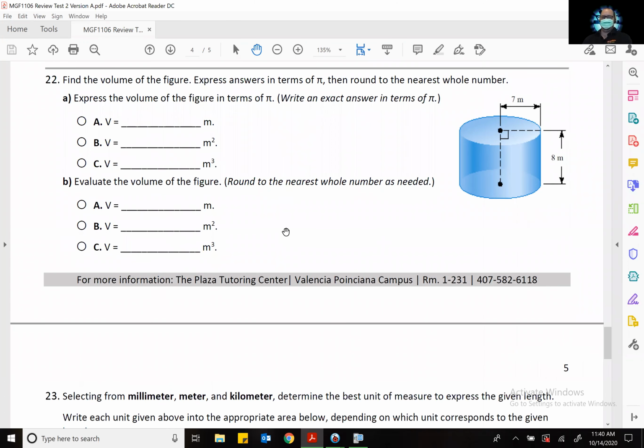Number 22. So again, this is like what I was talking about a moment ago. We've got this picture, and we're going to have an exact answer for part A in terms of pi. And then we will have the rounded answer in the second piece for part B. Give me a second. I'm drawing stuff out.